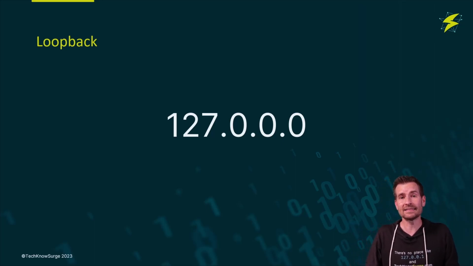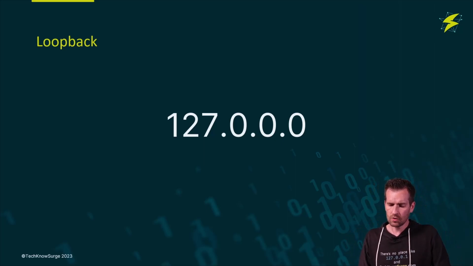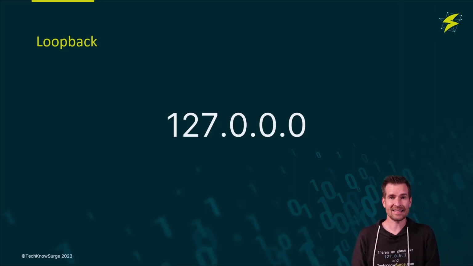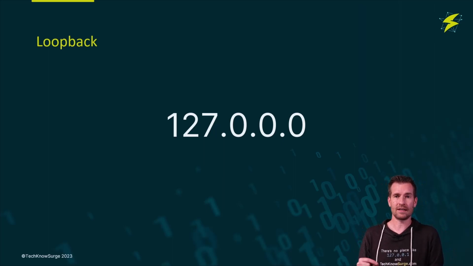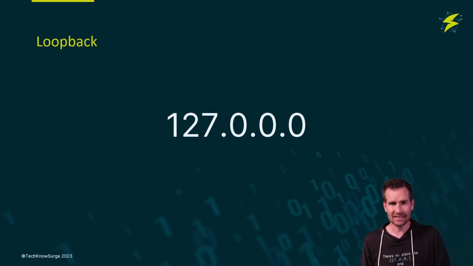So what is the loopback, or the 127 network, or 127.0.0.1? Well, loopback is essentially its own interface. If you have a network card, one of the things it does is assign itself 127.0.0.1, or something within this range, for testing purposes.